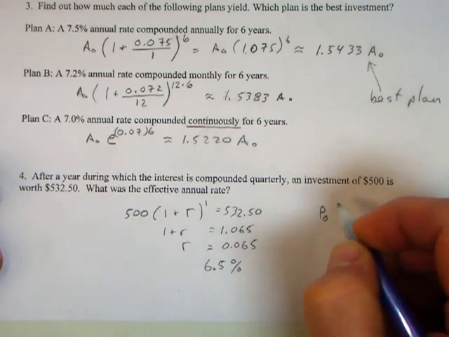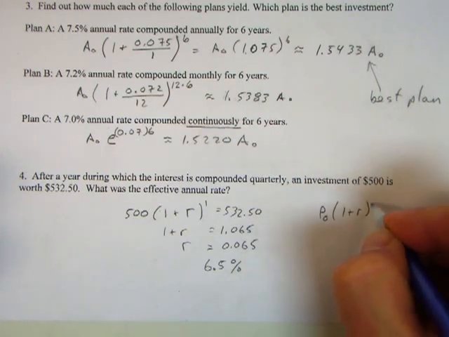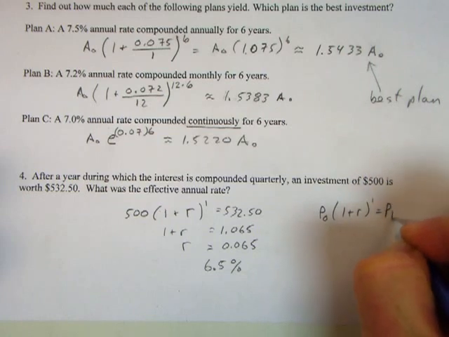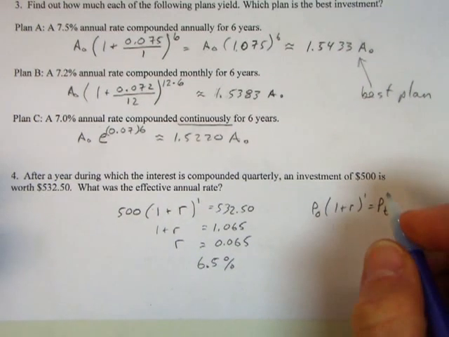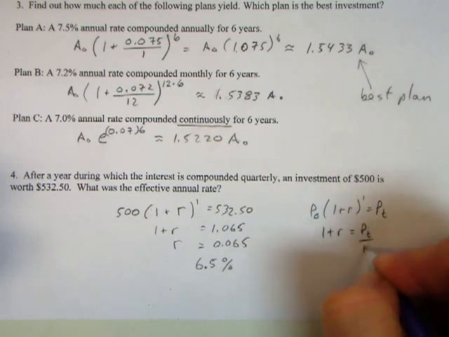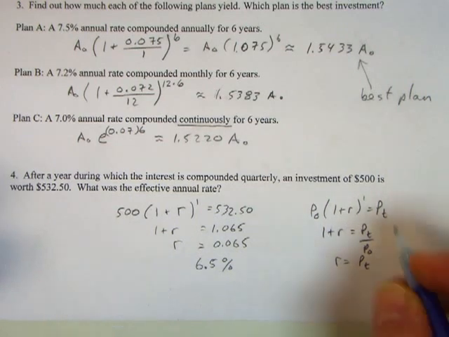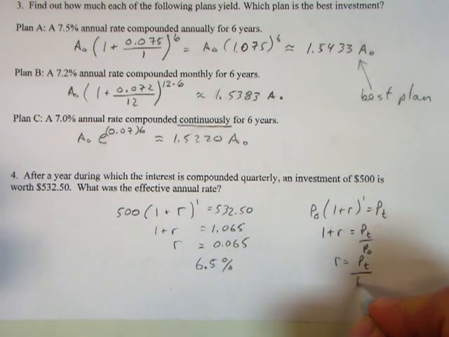Now let's take a look at it in general. We have a starting amount, P sub 0, times 1 plus R, and we're dealing with this right now over 1 year, equals P sub t. To solve for this, divide by P sub 0. So we get R equals P sub t divided by P sub 0 minus 1.